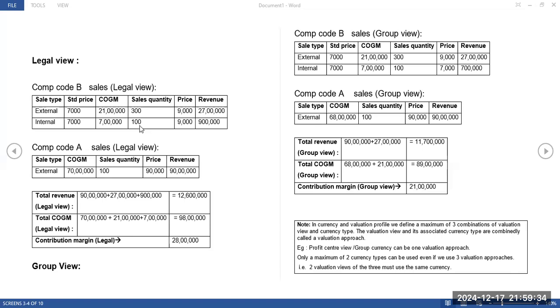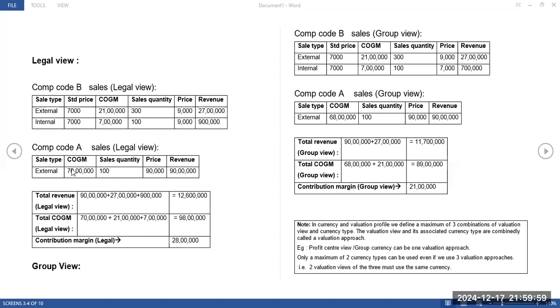Then we have a revenue of 900,000. So 900,000 minus 700,000 gives a profit of 200,000, which is not realistic, because internally you don't sell to your sister company at a profit.